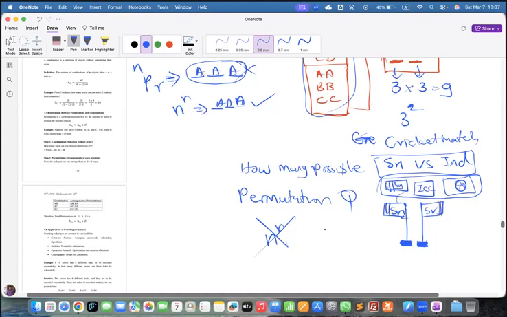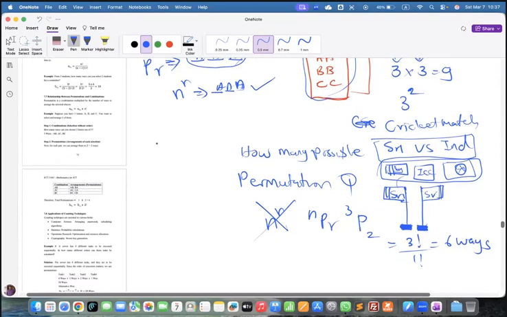So you have an nPr scenario. You have 3 flags. From these 3 flags, you need to hoist 2 flags. So what is the answer? 3P2 = 3 factorial over (3 minus 2) factorial, which is 3 into 2 into 1, so 6 ways we can hoist the flags.